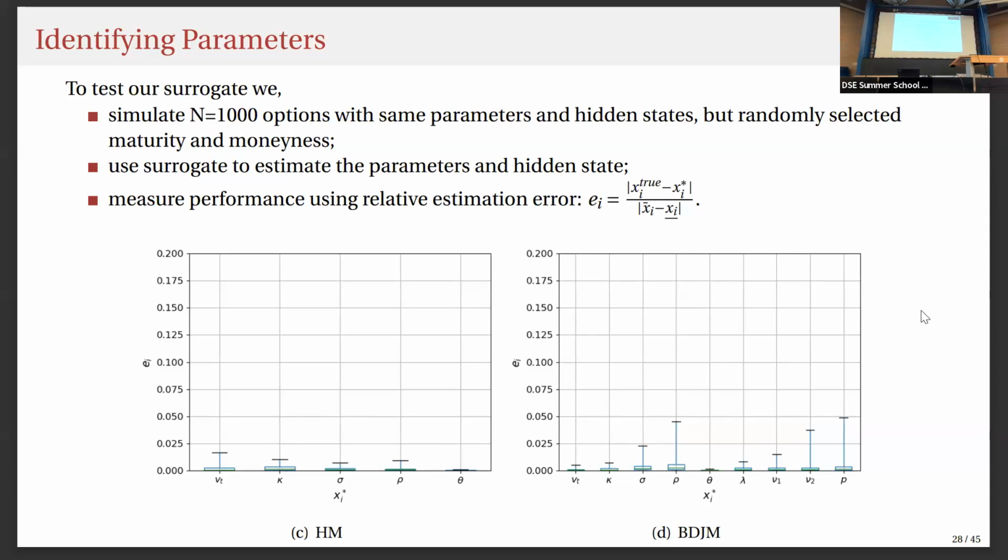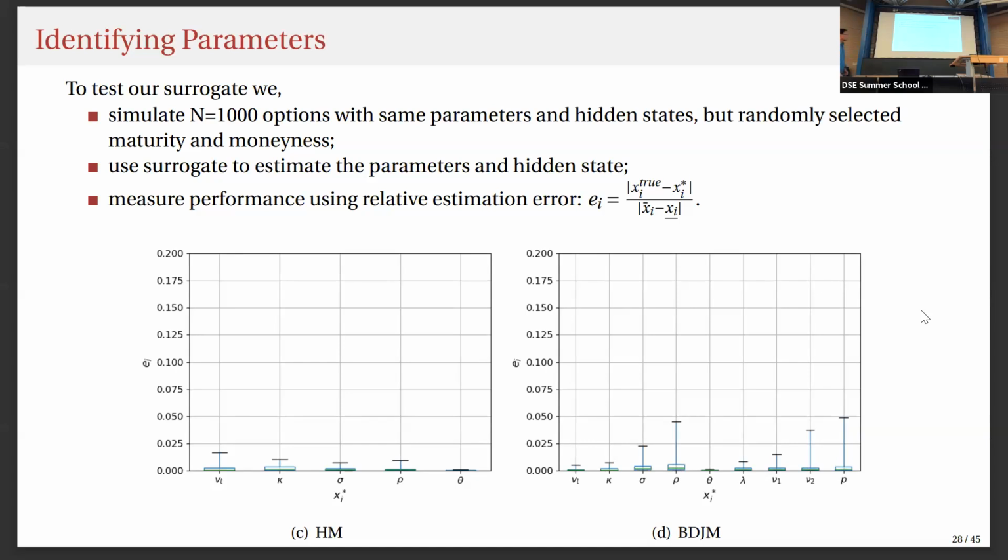Then we would take those data as if they're the real data, and do structural estimation using our deep surrogate model. Then we check how well the structurally estimated parameters, in this case using GMM, get to the true parameters. So we're basically plotting box plots of the estimation errors of the GMM estimates compared to true values.